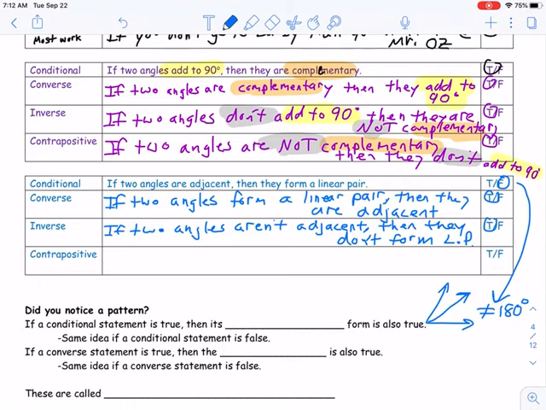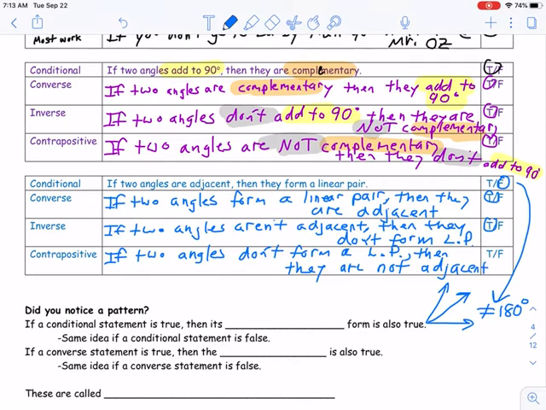And then last one, the contrapositive. So most letters, most work. If two angles don't form a linear pair, again I'm just going to put LP, then they are not adjacent.